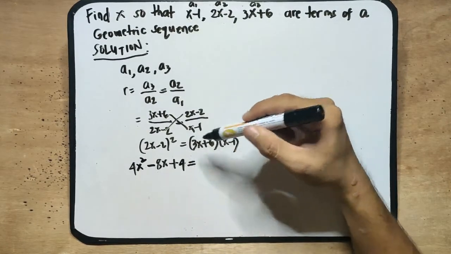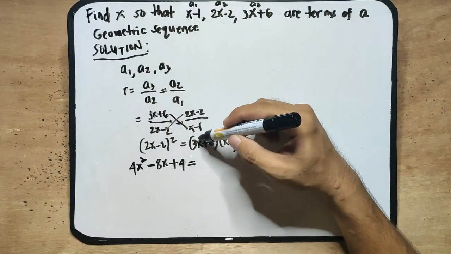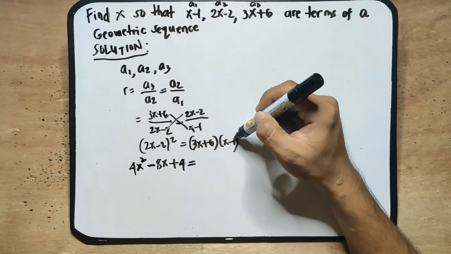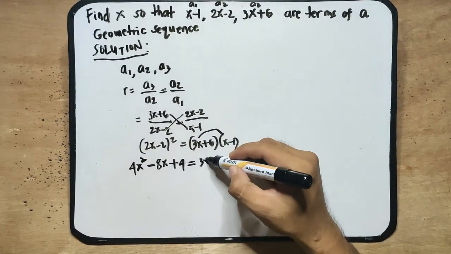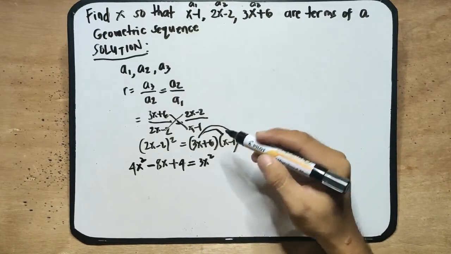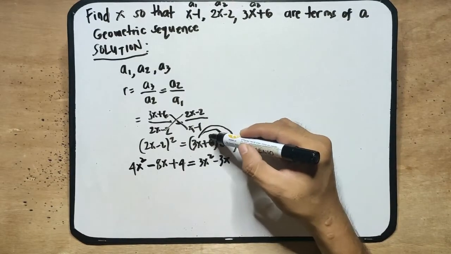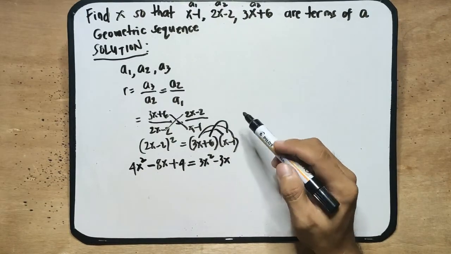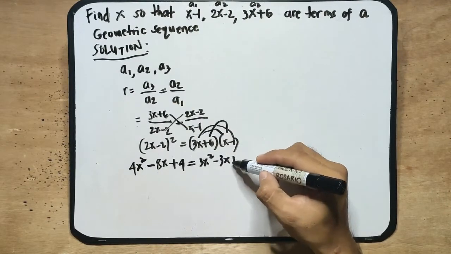So for the terms here on the right side of the equal symbol, distribute each term to the terms of the binomial next to this one. 3x times x is 3x squared. 3x times negative 1 is negative 3x. 6 times x is 6x.